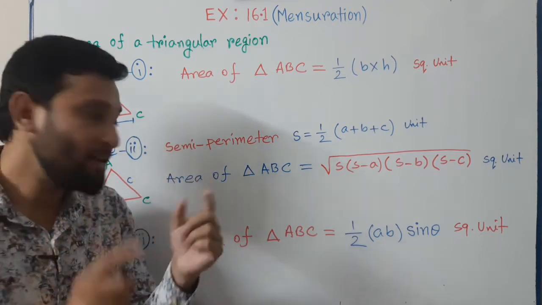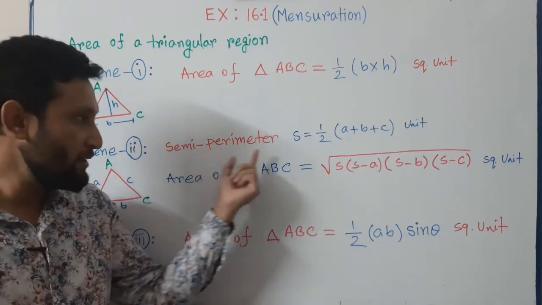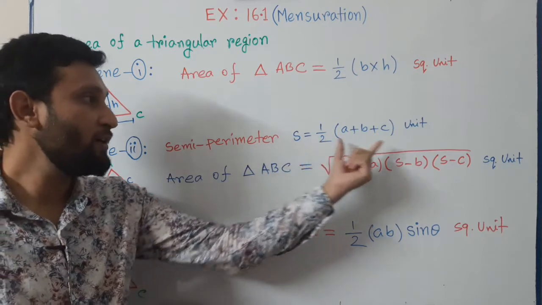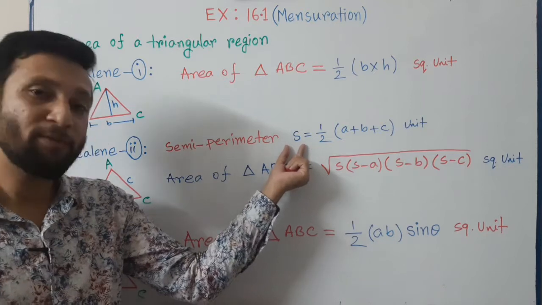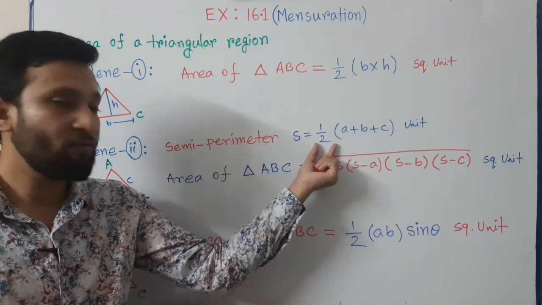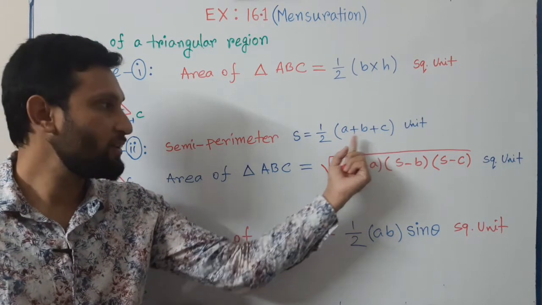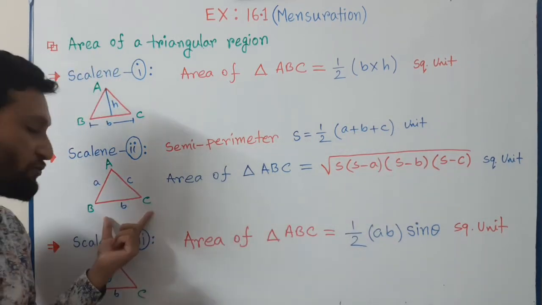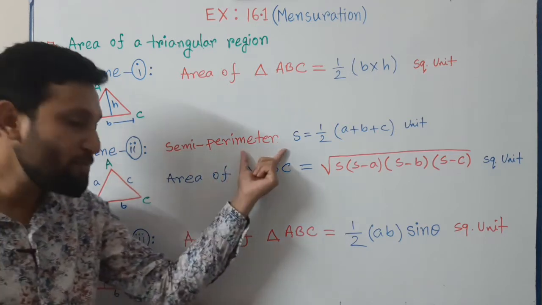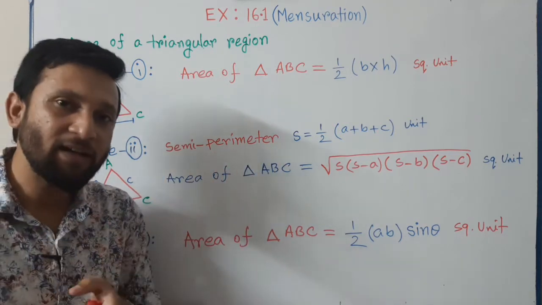Then we can find the semi perimeter. Semi perimeter equals half of the sum of the three side lengths of a triangle. So S, that means semi perimeter, equals half into the sum of the three side lengths, A plus B plus C unit.